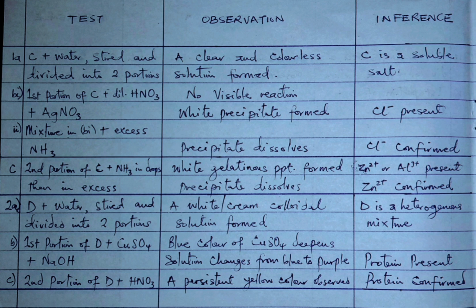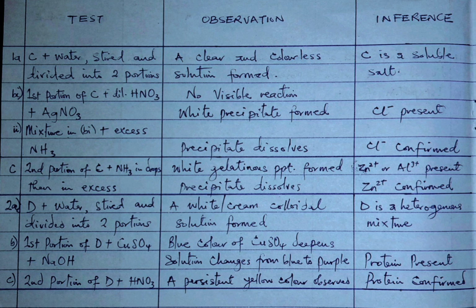And so when that happens, we say, okay, that means protein is present. That means that the solution of D was protein. But let's go ahead and confirm if that was really protein. So we test with something else, with trioxonitrate 5 acid, yes, HNO3. To the second portion of D, we add HNO3.